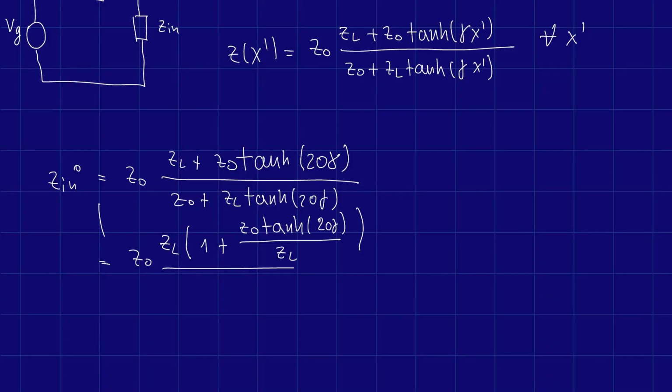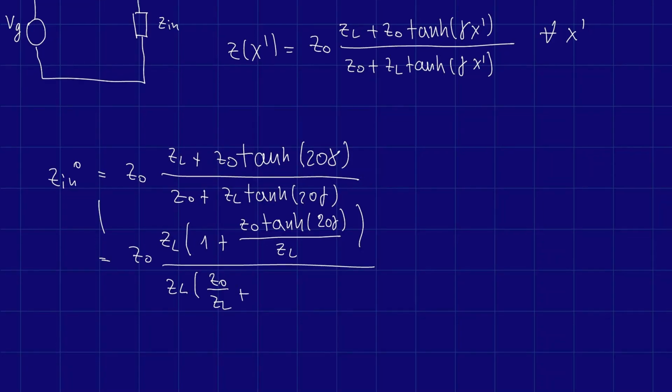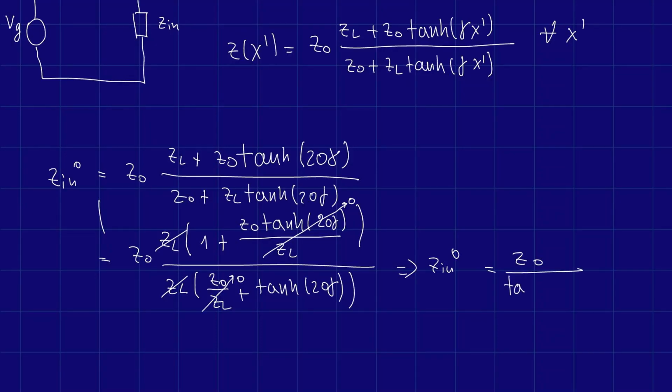And in the denominator, we will also take the biggest term in front of the parenthesis, and we will have left Z0 divided by ZL plus hyperbolic tangent of 20 gamma. And as you can see, this simplifies to 0. This is also 0, since we divided something by infinity, which is 0. These two cancel, and we have as a final thing, Zin-O is equal to Z0 divided by hyperbolic tangent of 20 gamma.